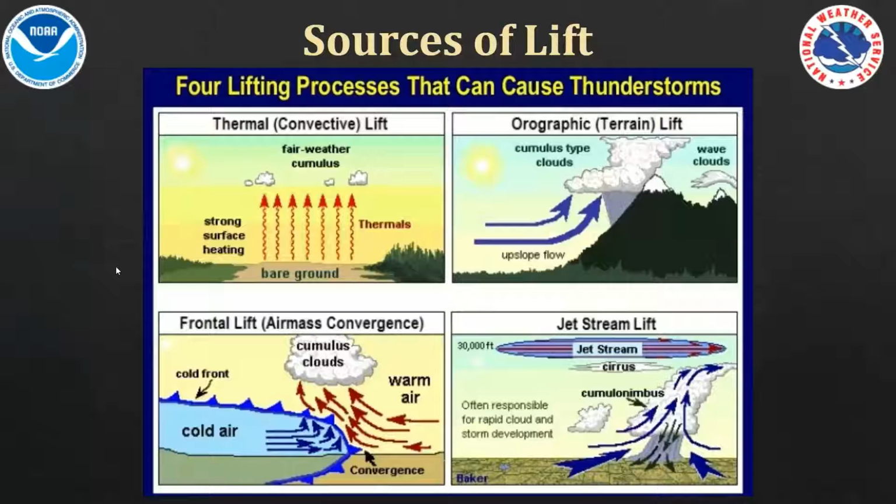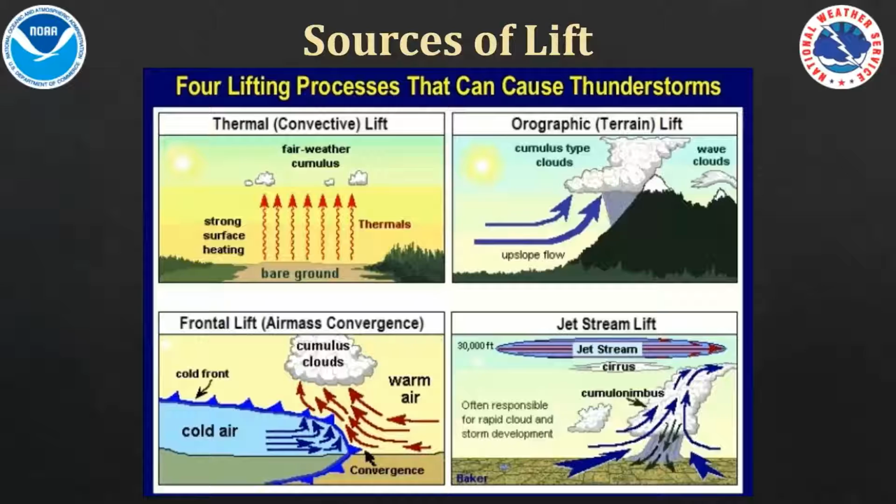Now we're talking big picture here, but that's generally why the western side of the Cascades, for example, is wetter than the eastern side of the Cascades. A lot of times you'll see a thunderstorm come out of the mountains, and very close to the mountains it'll create the rain and the thunder, and then as it moves further away, it loses its moisture and it'll just fall apart.